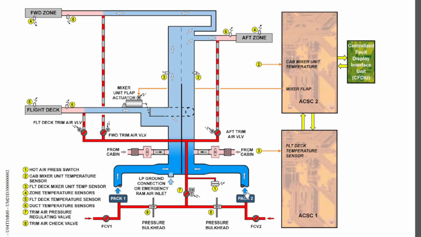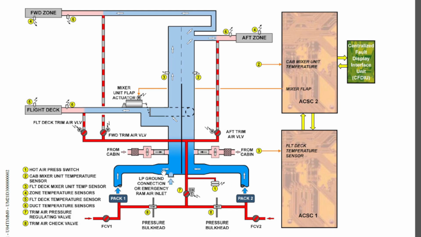Those two inlets are mainly from the packs, and you will see here there's another inlet. Mainly pack 1 will supply the mixer unit through a check valve which is located here on the pressure bulkhead. Pack 2 will supply the mixer unit through a check valve which is located on the pressure bulkhead here.